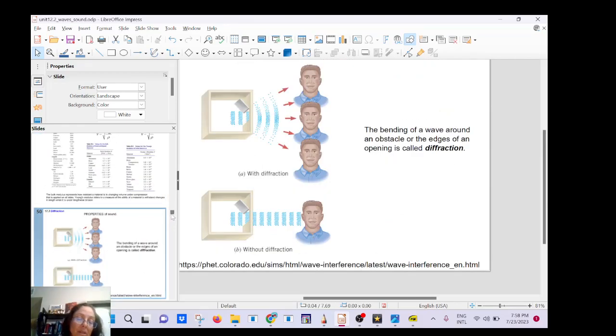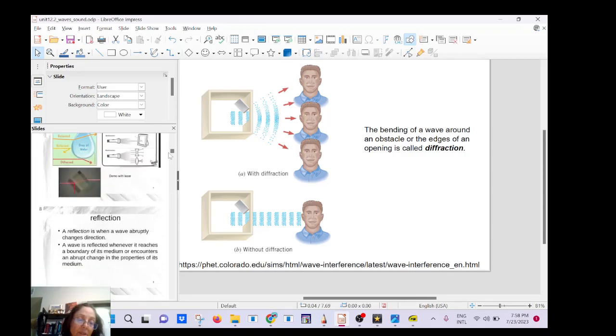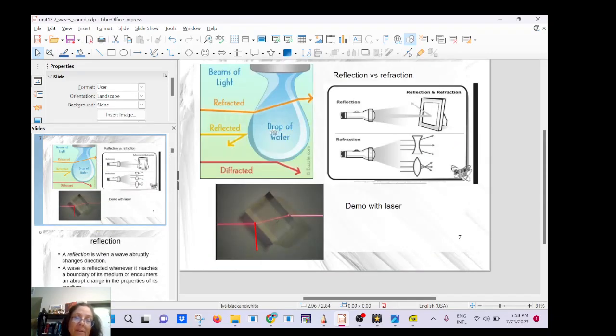So now, just to go back to the beginning of the slides here, we talk how all waves have those properties. So here I have light, but that's going to be true for waves, sound waves or water waves. So wave can be refracted. So that happens when they go from one medium to another one with different properties.